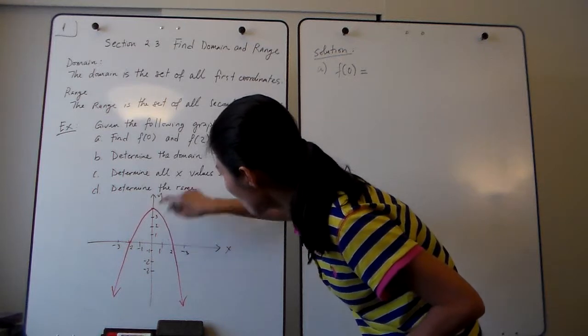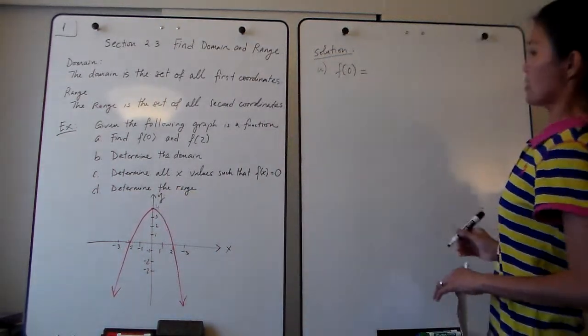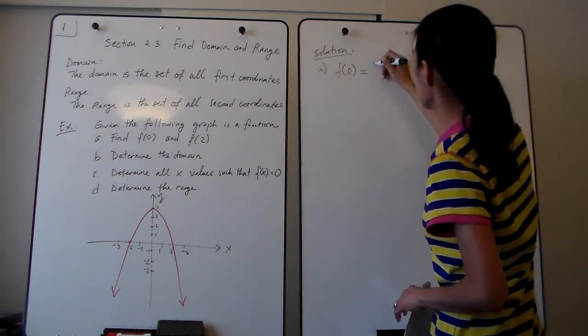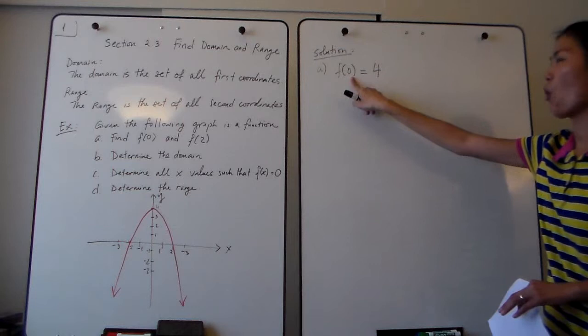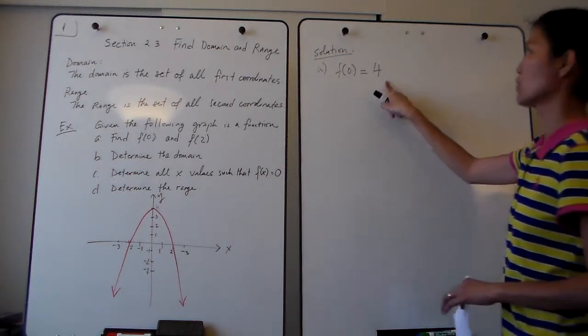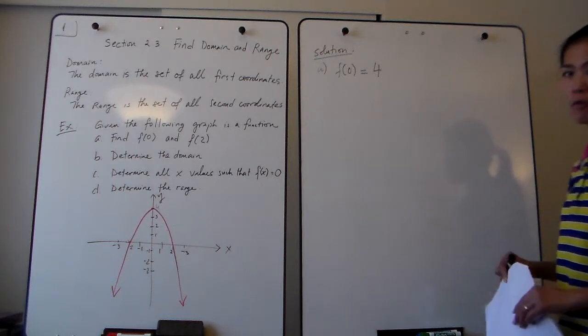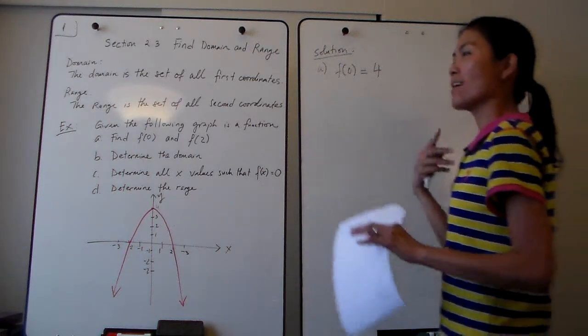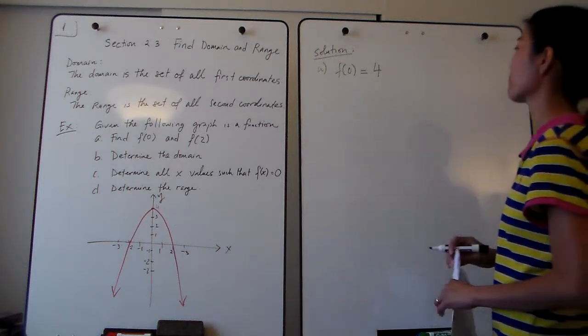You know this is 1, 2, 3, so this is going to be 4, because it's only 1 unit away. So the answer is 4. When x equals 0, y equals 4. So in function notation, f of 0 means y at 0. We mean when x equals 0, y equals 4.